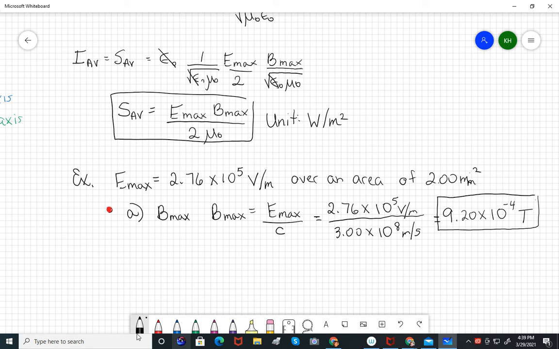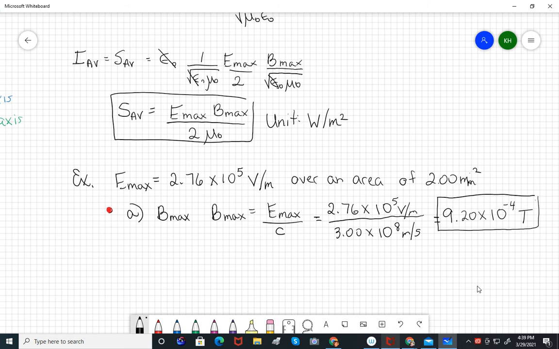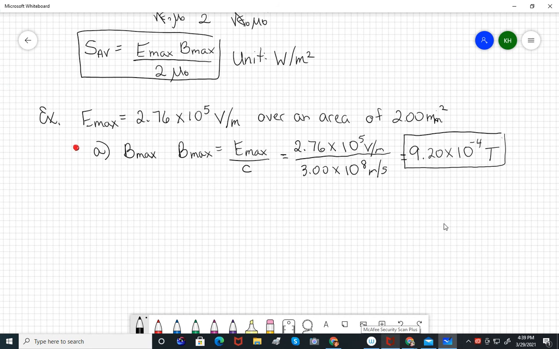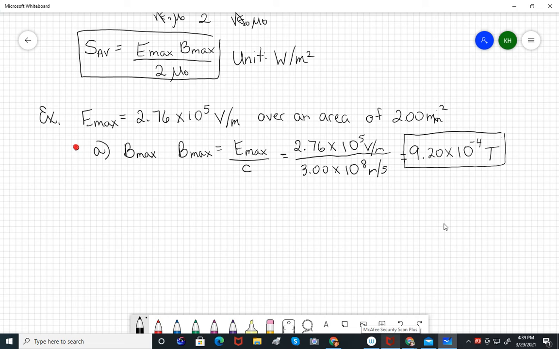We could play around with those units and prove that volts per meter divided by meters per second is Tesla, but you're going to take my word because we've used that relationship more than once.